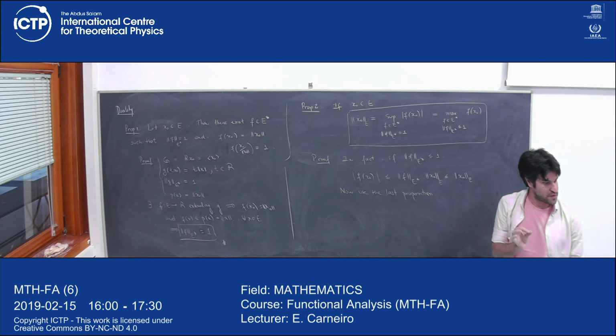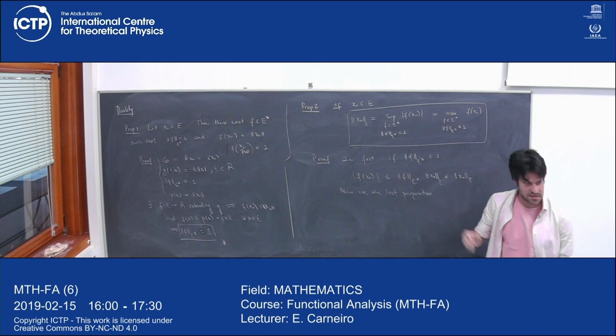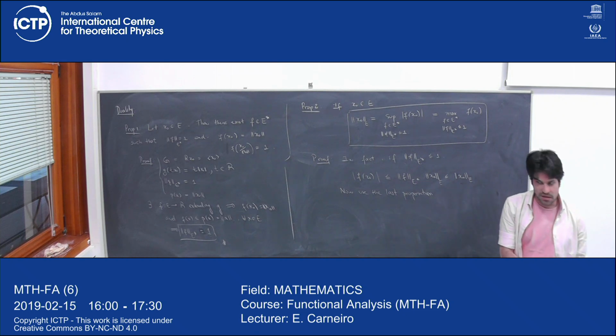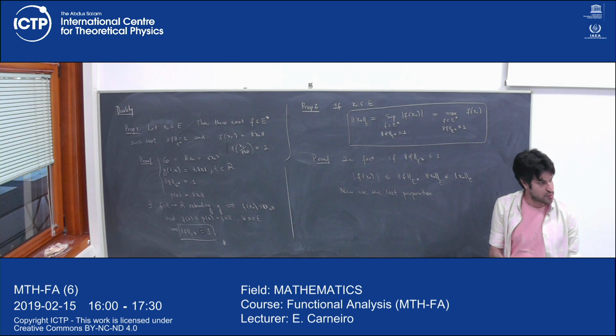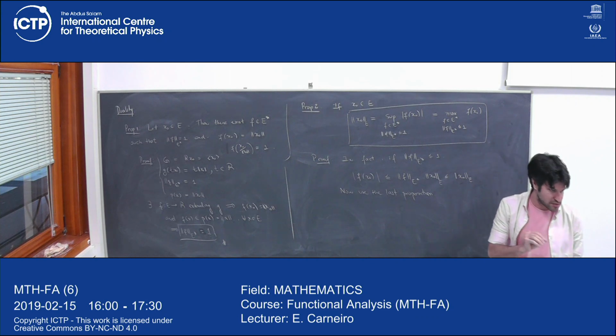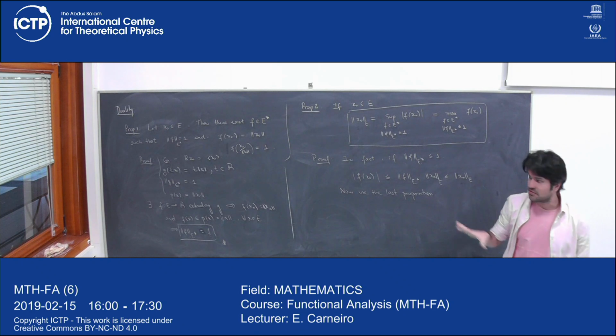Because if your space E is the space LP, then the dual space is just LP prime. Well, if P is between 1 and infinity, not including infinity, the dual of LP is LP prime. So this is just a manifestation of this thing.